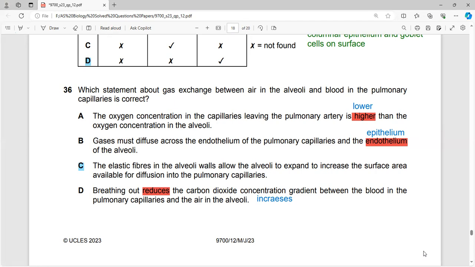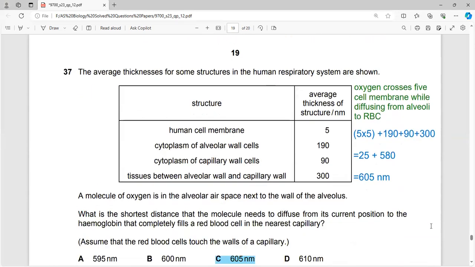During breathing out, the carbon dioxide moves from inside to outside, which increases the difference in the concentration gradient. So the word reduce is wrong; it is supposed to be increase. So option C is correct here. We're going to proceed to the next question.